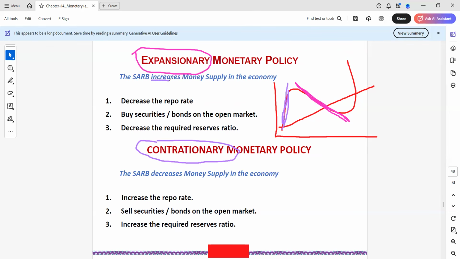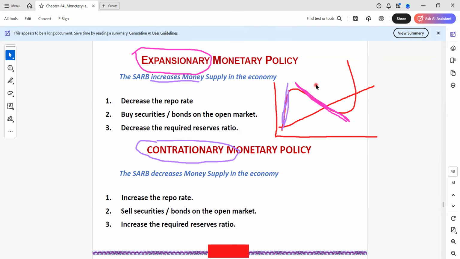Remember I said this side here, people are retrenched, there is unemployment, production is decreasing, and economic activities are declining. So to speed up the economy so that we get to this point where economic activities start to increase again, the South African Reserve Bank will use the expansionary monetary policy to increase money in the economy.